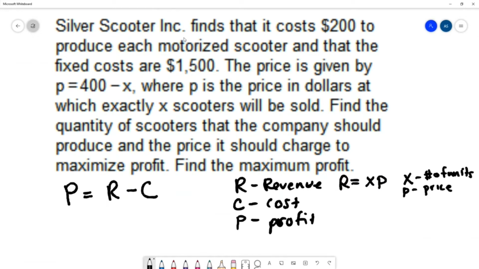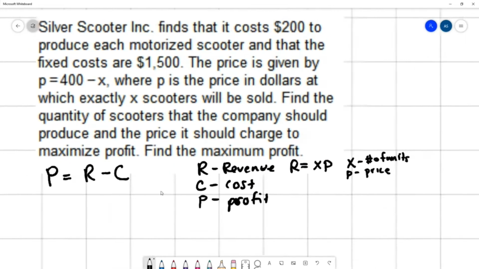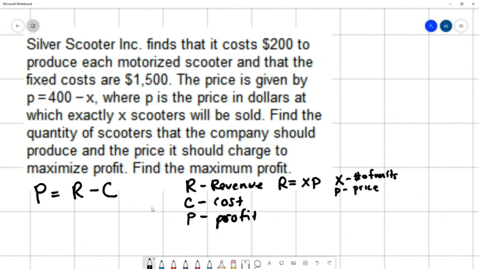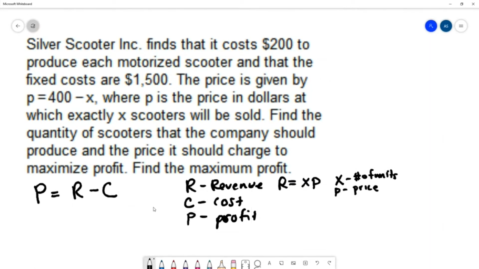So we're going to use the information given in the problem to find the cost. Once we get that revenue and cost, we will subtract them to get the profit. Okay, so let's start by finding the revenue function.